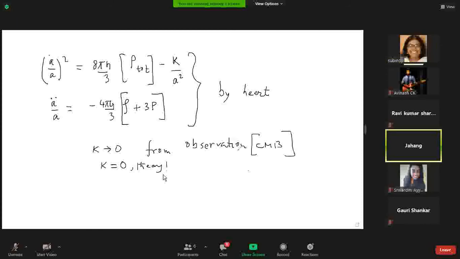I just used the simple form. Actually, the dr squared part will contain a squared by 1 minus k r squared, but the theta and phi parts will have r squared, and the time part is just minus dt squared. Okay, sir. Got it? Yes.